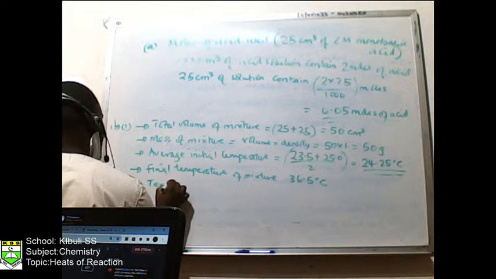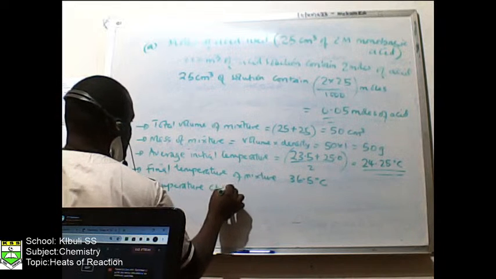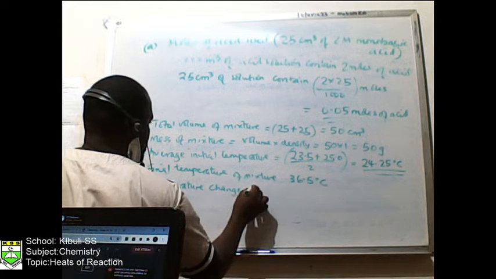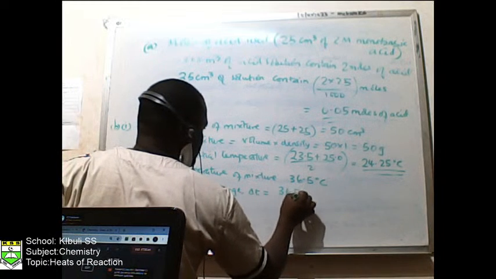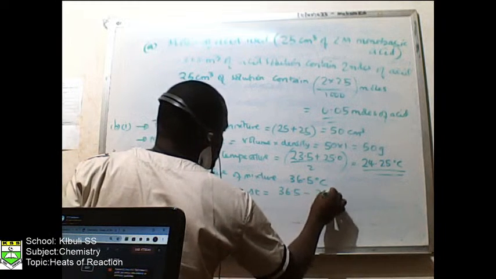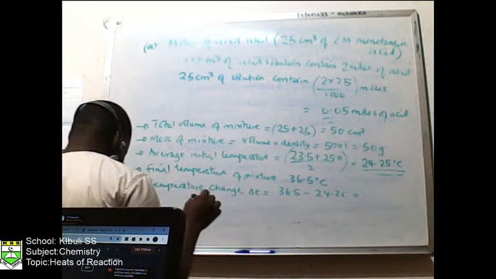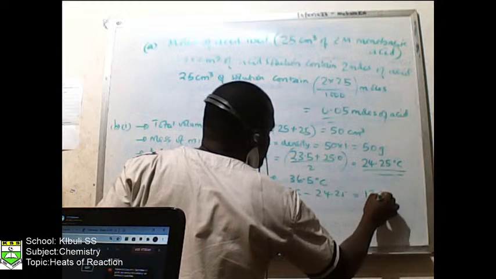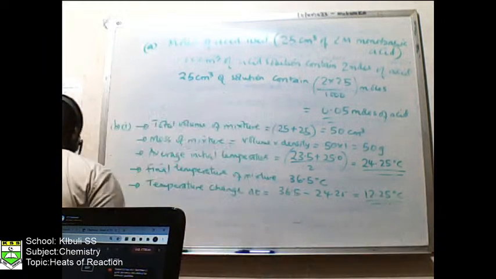Temperature change or temperature rise, delta T equals 36.5, the final minus the initial. This on subtraction gives us 12.25 degrees Celsius.